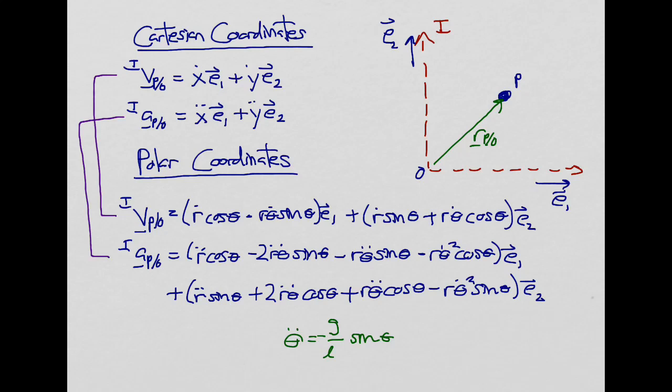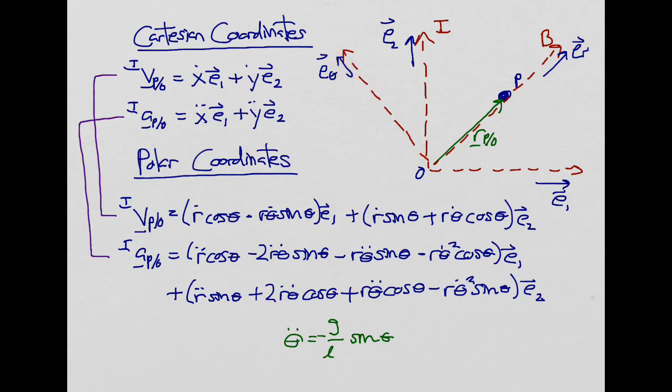Then we moved on to the polar frame, and we introduced this in the last lesson. In the polar frame, we're simply defining a brand new reference frame. We'll call it reference frame B in this case. It's defined by the basis vectors E sub r and then E sub theta.